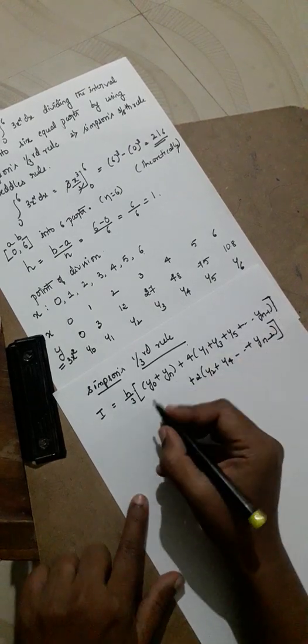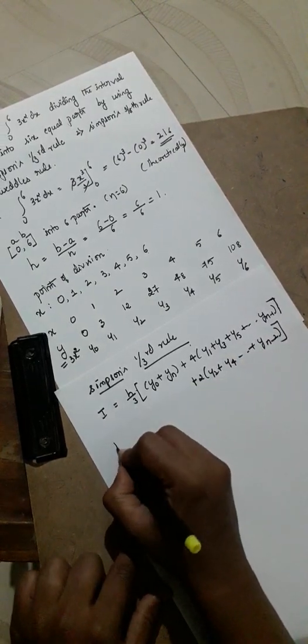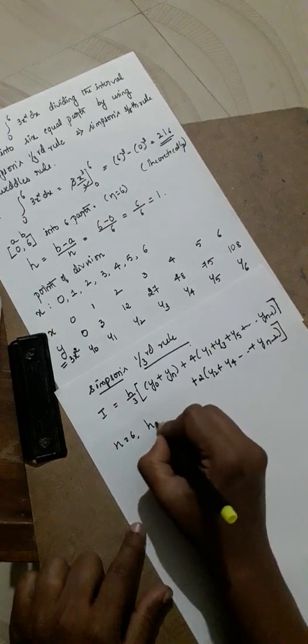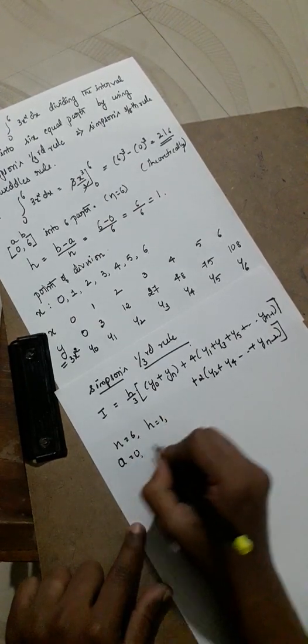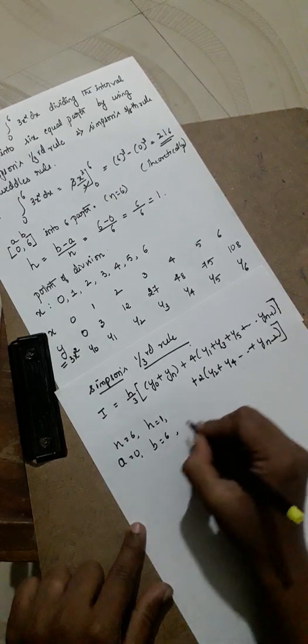Close the bracket. Now we are using n is equal to 6 here, h is equal to 1, a is equal to 0 and b is equal to 6.